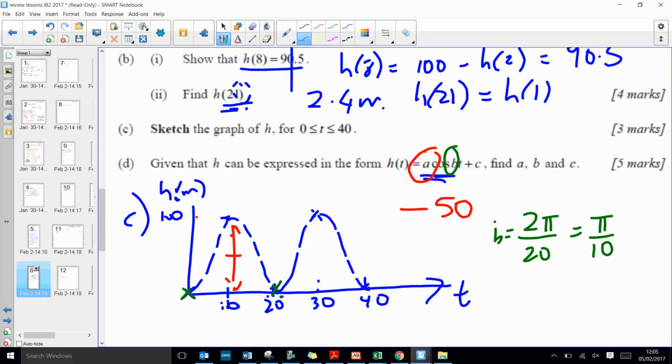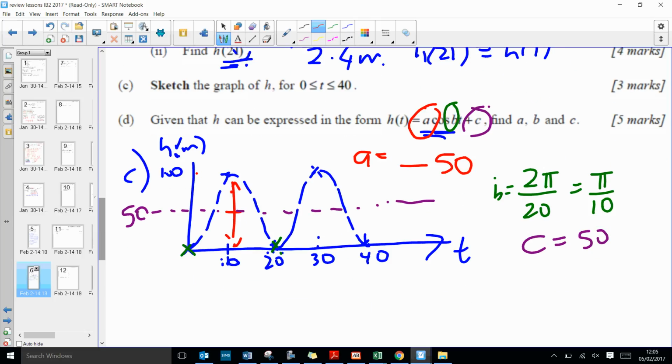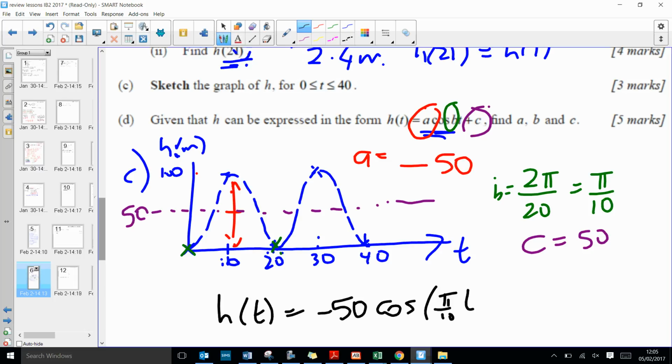Normally our central line is at 0, but this one is at 50, so C would be 50. So A is negative 50, B is pi over 10, and C is 50. So our full equation would be H(t) equals negative 50 cos(pi over 10 t) plus 50.